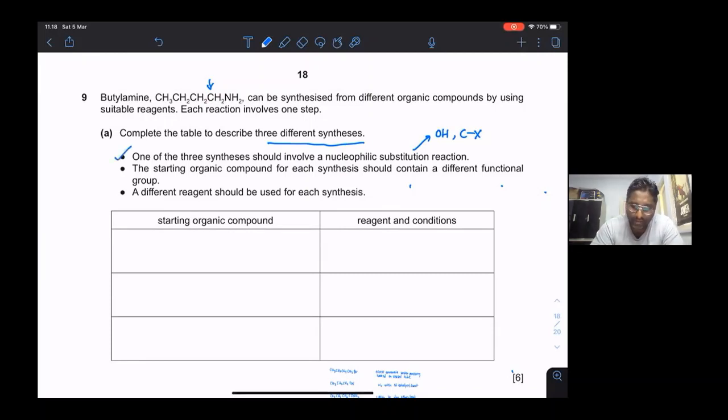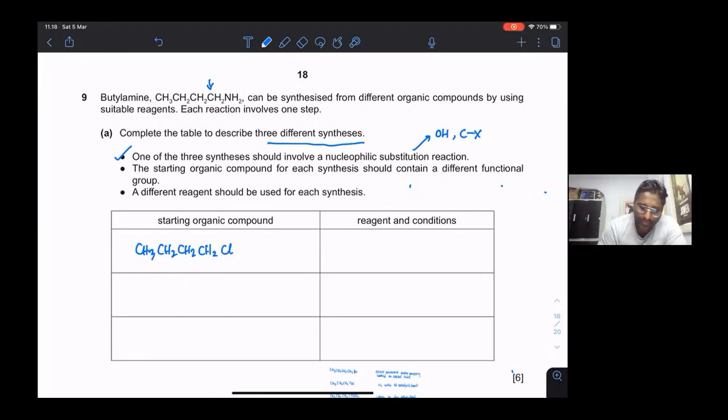So maybe let's try with alcohol or halogenoalkane. So nucleophilic substitution gives you amine. I think the reaction with ammonia. So maybe halogenoalkane. So I will select CH3CH2CH2CH2Cl. Yeah, that is going to be the organic compound, halogenoalkane.